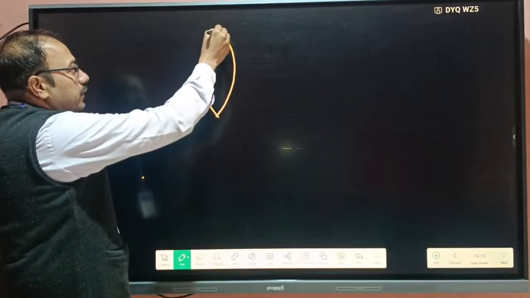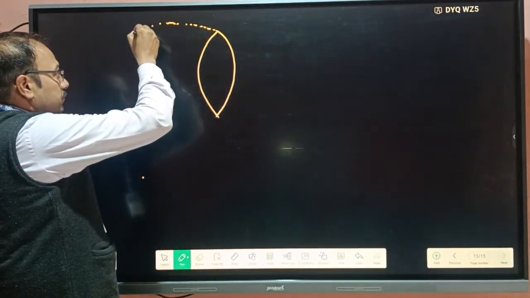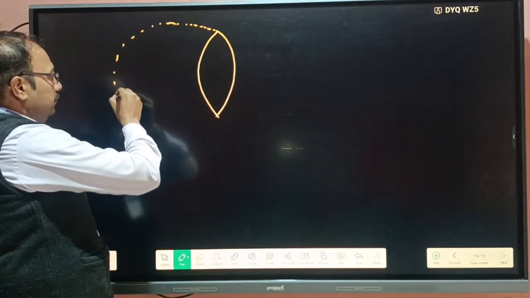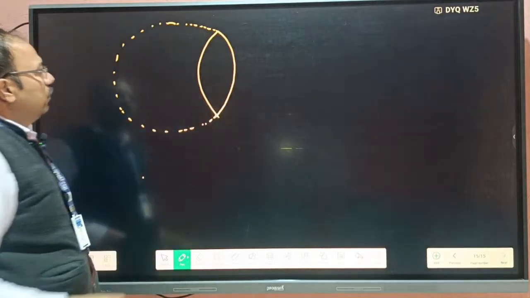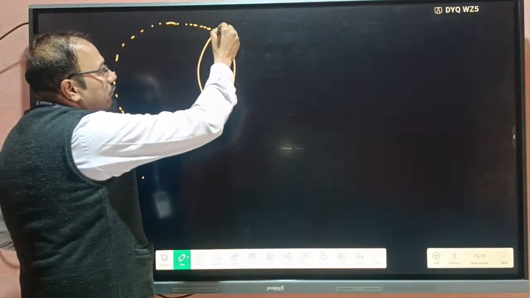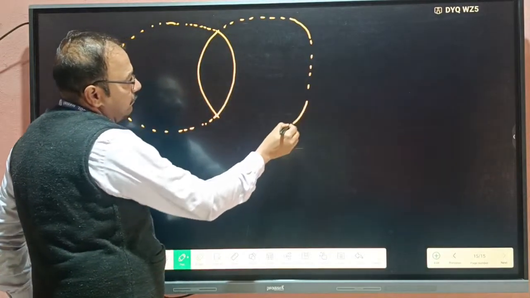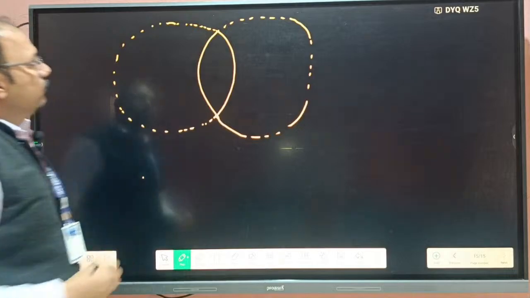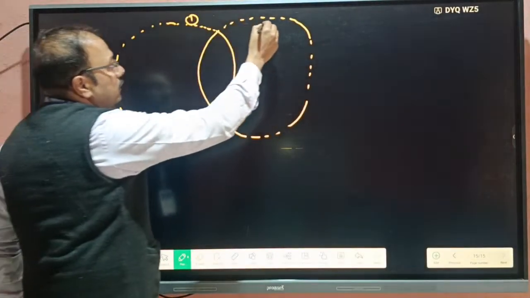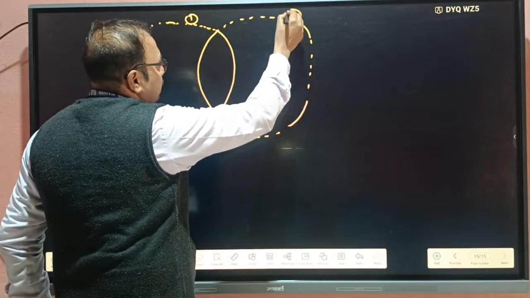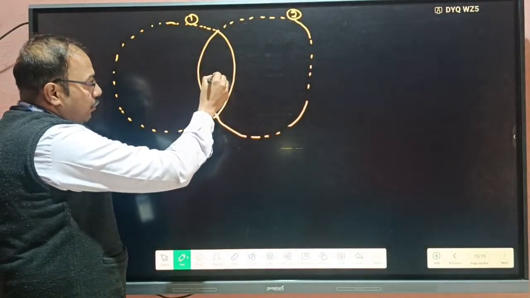So we mark here, this is the first refracting surface, and this is the second refracting surface. Here we take the center point.